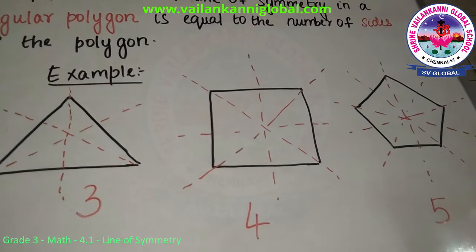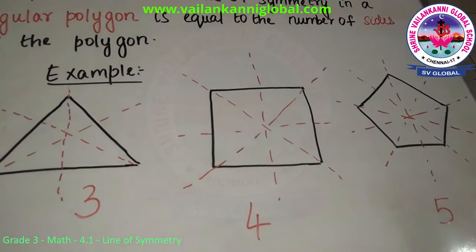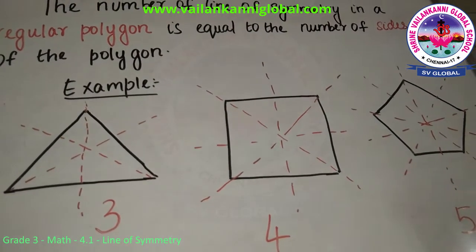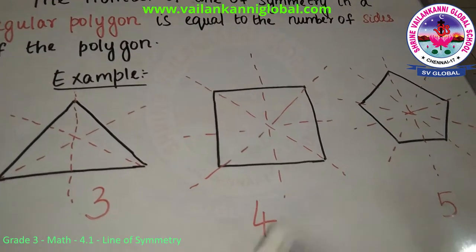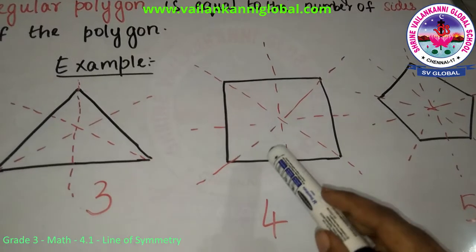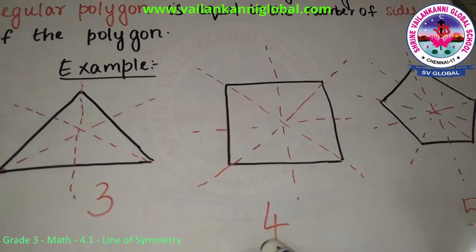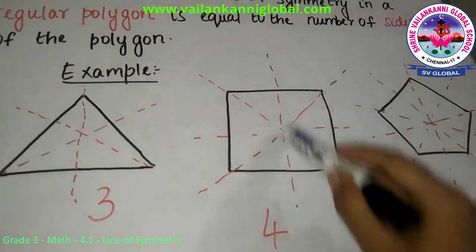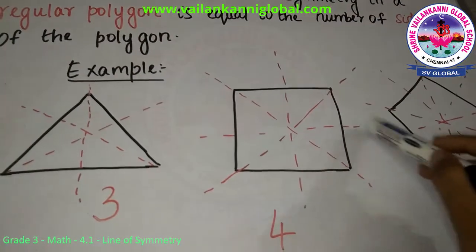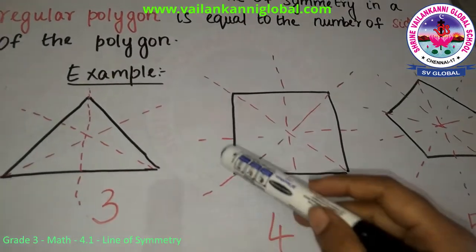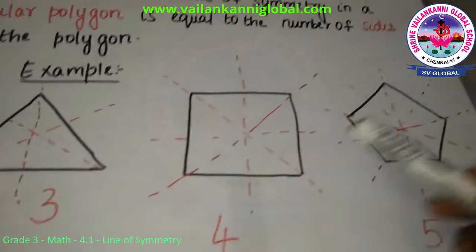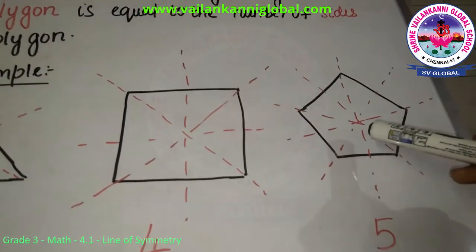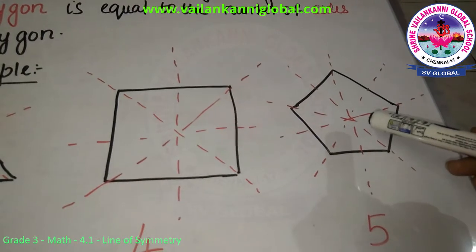So we know that the rule is if it is a regular polygon, the lines of symmetry will be equal to the number of sides. So the number of sides for a square is 4. So the lines of symmetry will also be 4. One vertical and one horizontal and along the diagonals 2. So totally 4.